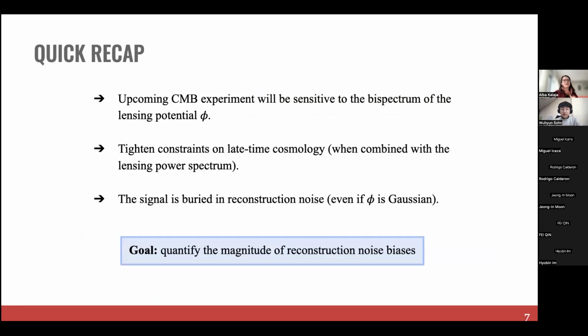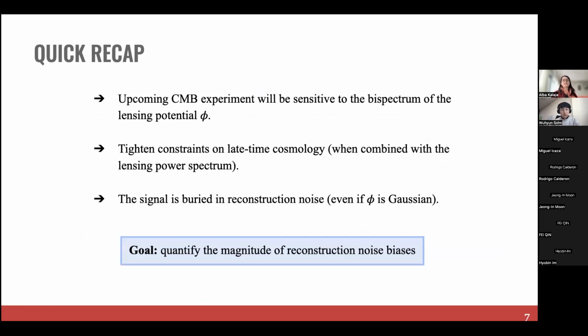Now, before I go into details of the paper in particular, I just wanted to give you a quick recap of what I talked about so far. As I said, going beyond the Gaussian assumption for the lensing potential is the right time now, because we will have experiments that will be sensitive to the bispectrum.